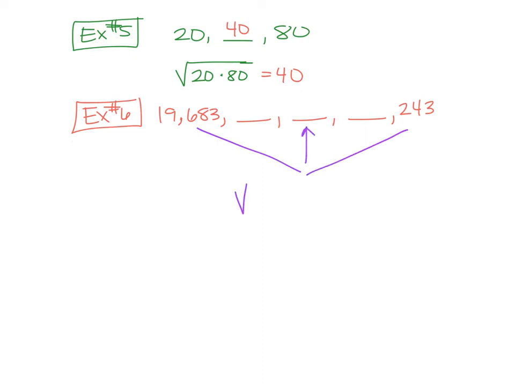So we're going to take the geometric mean, which means we're doing 19,683 times 243 and taking the square root of that. Okay, so when you plug that in, you get 2,187.